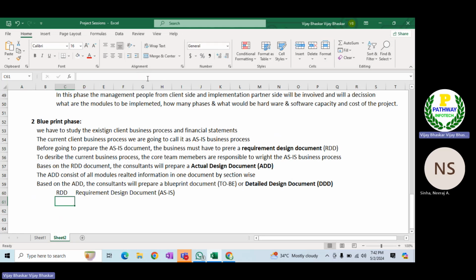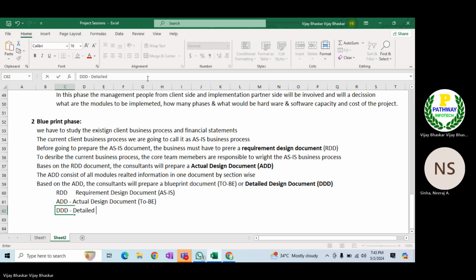Then the next one is the ADD, the actual design document. Again, this will be by the consultant. This will be the to be process. Again the DDD also: DDD means detailed design document.